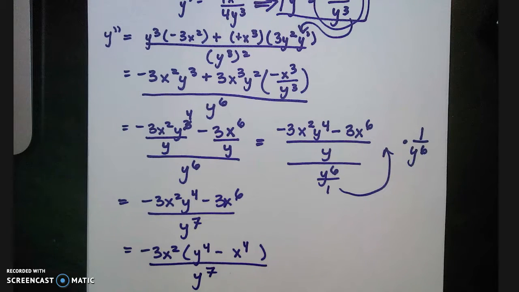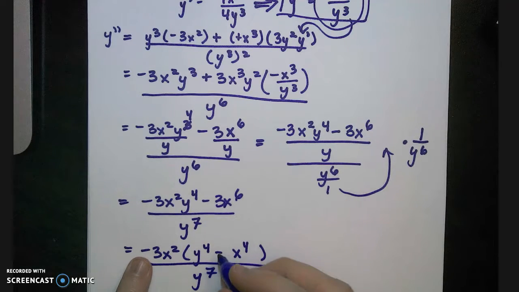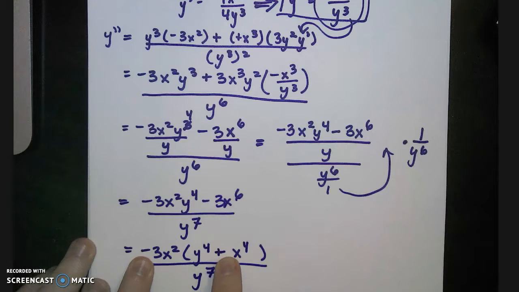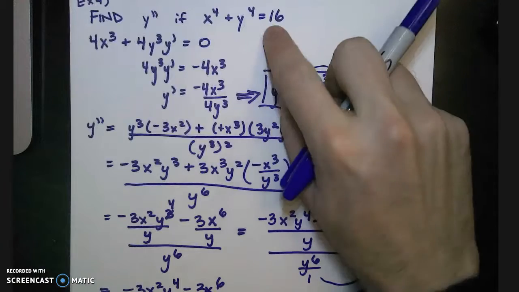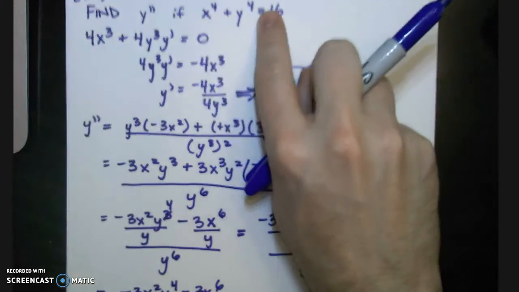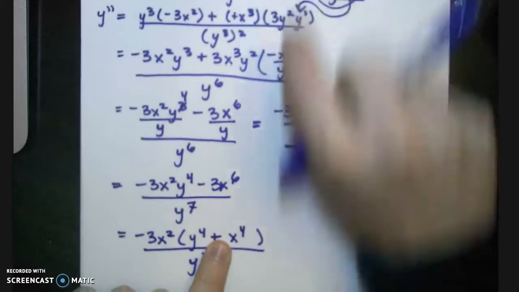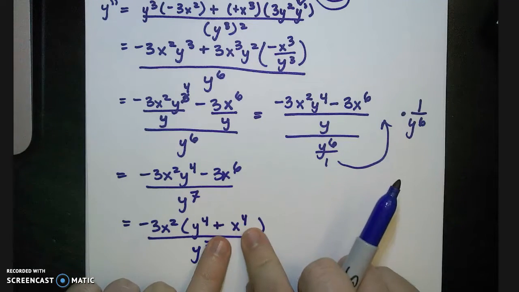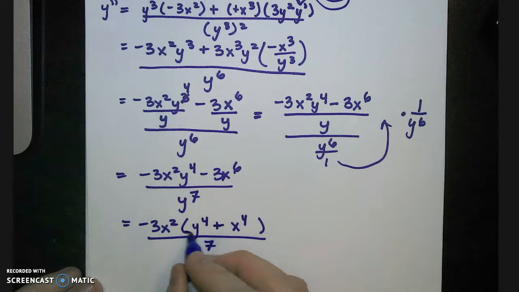And then we've got something really cool that just happened. The parentheses ends up being what we started with. Or wait, I just took out a negative, so that's plus. But now this is back to the original function. We've got x to the fourth plus y to the fourth equals 16. So this x to the fourth plus y to the fourth that we have right here equals 16.